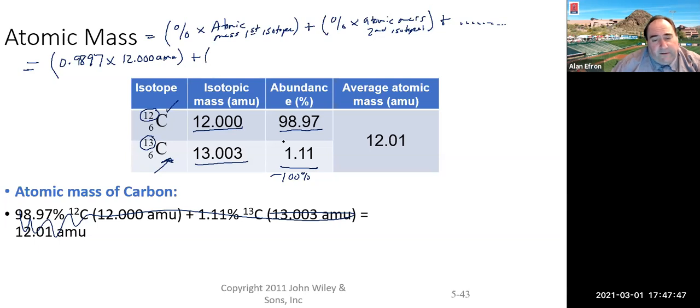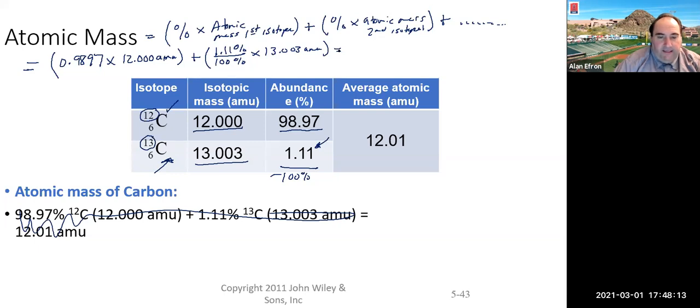Also want to convert the percentage into a usable number. And if you don't want to move the decimal point, you can divide the percentage by 100% and times it by our 13.003 AMU.